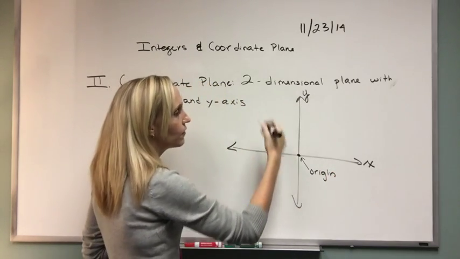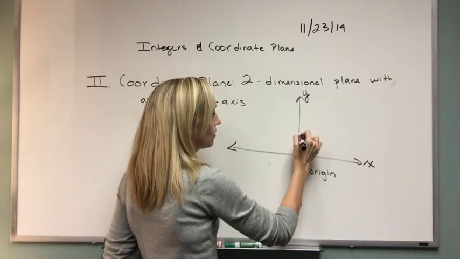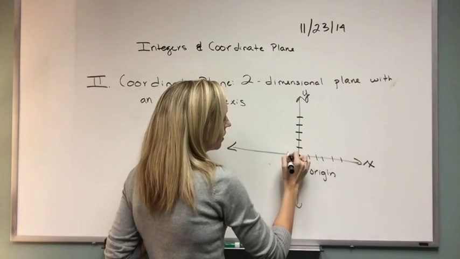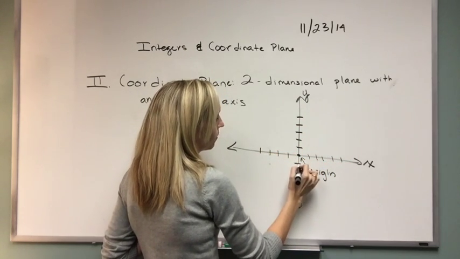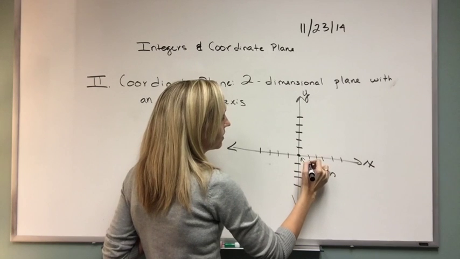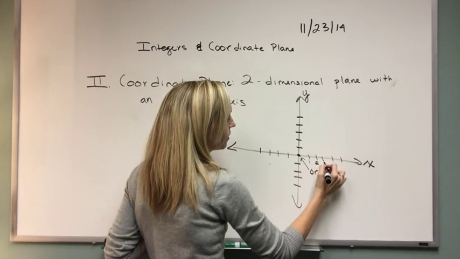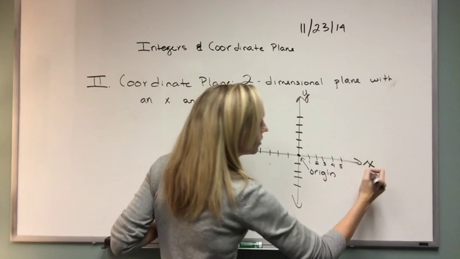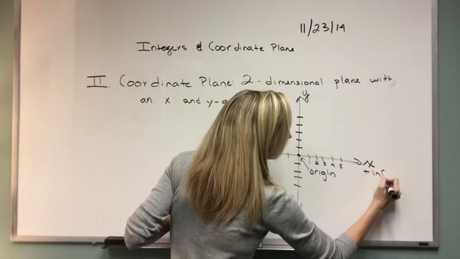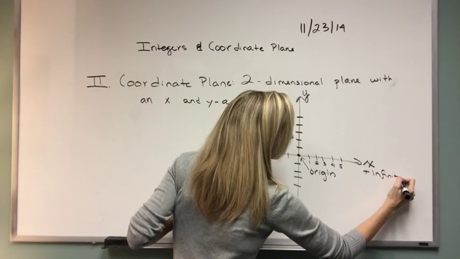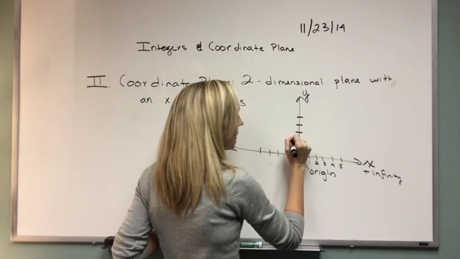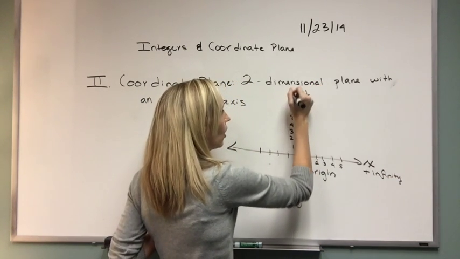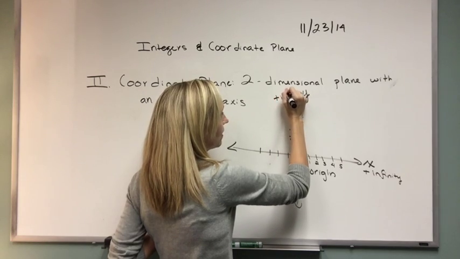And then, using integers, we have numbers associated. So this is +1, +2, +3, +4, +5, all the way to +infinity. And up for my y's, I have +1, +2, +3, +4. Again, all the way up to +infinity.